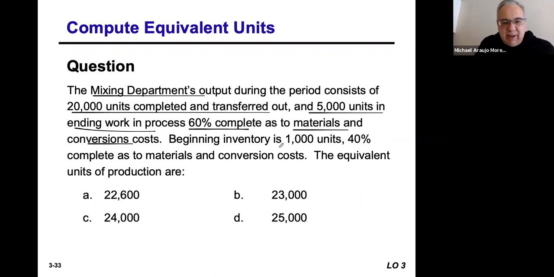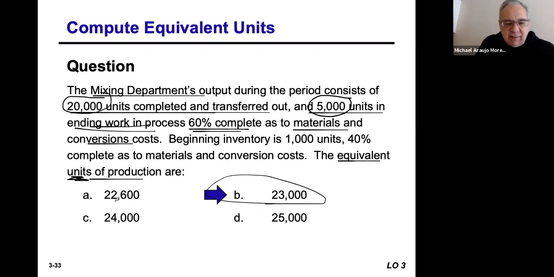So basically what we know is we have 20,000 units that are completed. That's what we're starting with. We're adding to that how many of these 5,000 units in ending work in process are done, which are 60% complete, so another 3,000. So that's why the correct answer in terms of equivalent units, how many actual units are being produced equivalently, is 23,000.